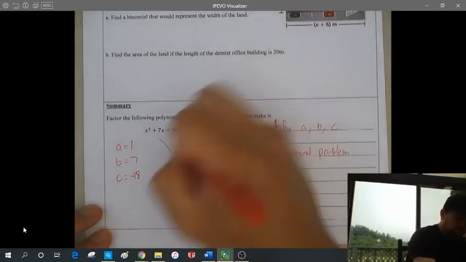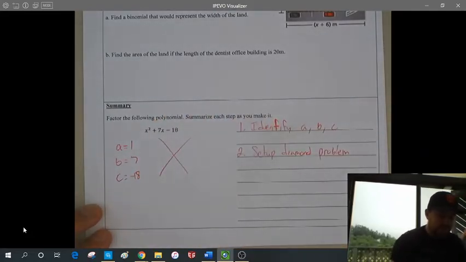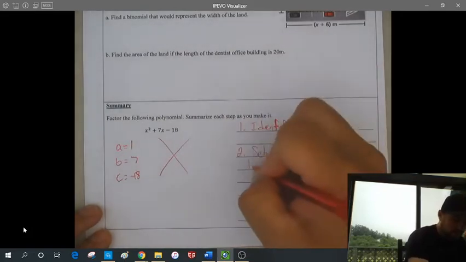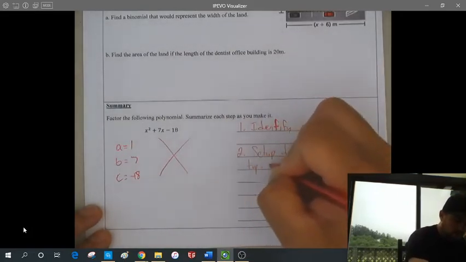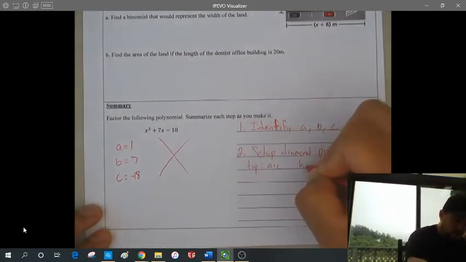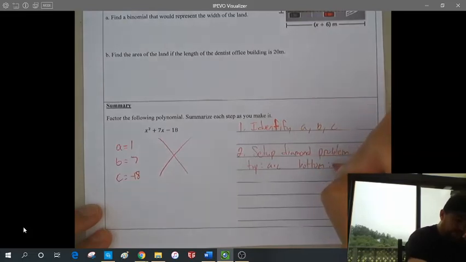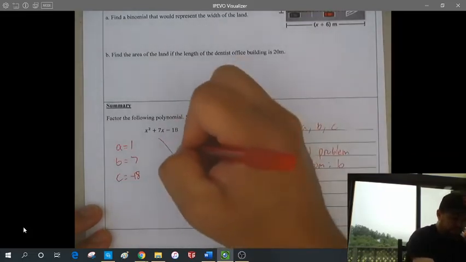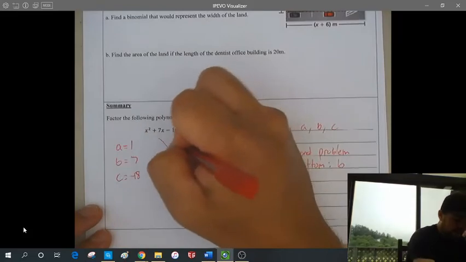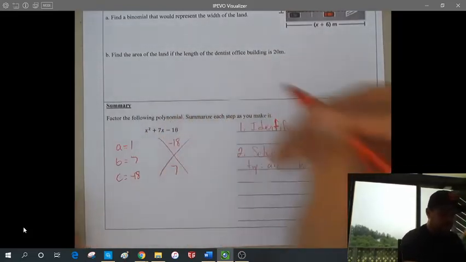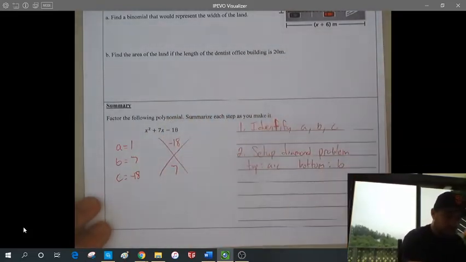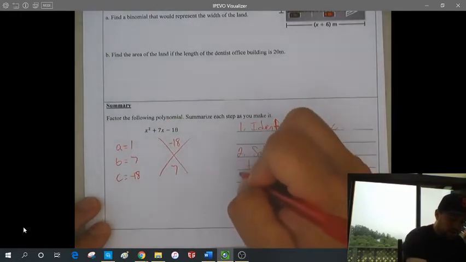Remember, it's a times c on the top, and on the bottom is b. So negative 18 is my a times c for the top, and 7 on the bottom.